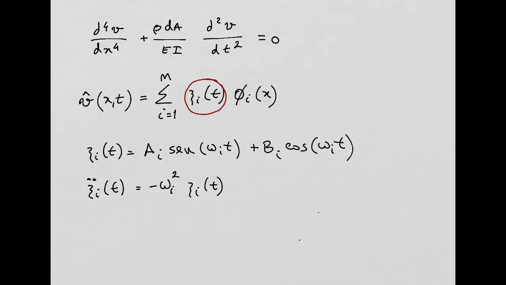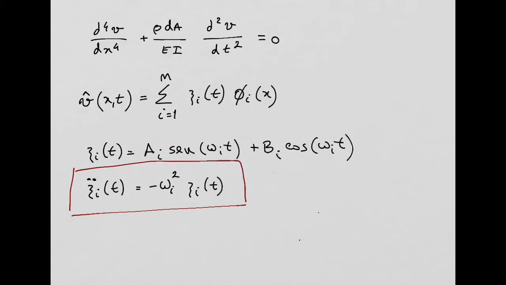So we are going to have many functions phi, but we concluded last week that the second derivative is equal to minus w squared times phi. All right? So if you do the second derivative of this function, you get that conclusion. All right?